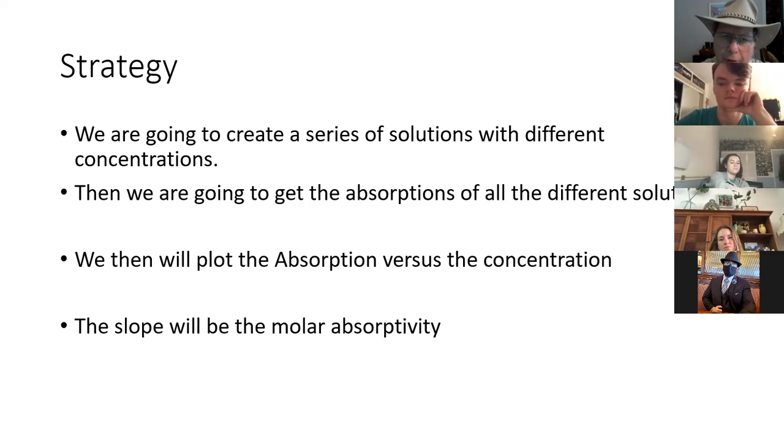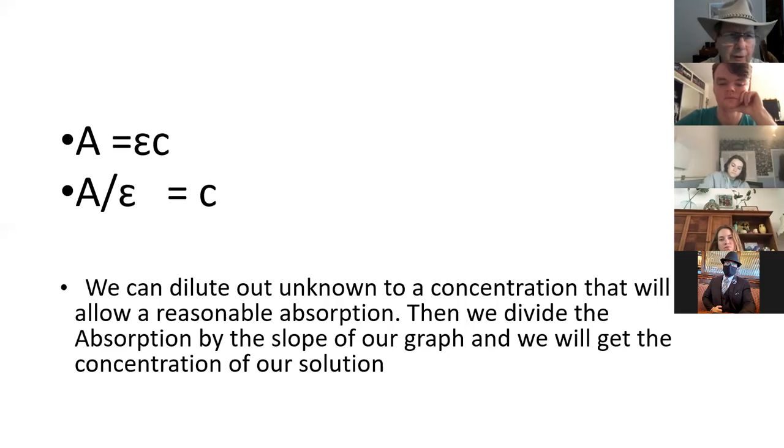The slope is going to be our molar absorptivity. Then, knowing that absorbance is equal to molar absorptivity times the concentration, I'm going to take my unknown solution, put it into the instrument, and get an absorbance. I'm then going to take the absorbance divided by my slope. That will give me my concentration.